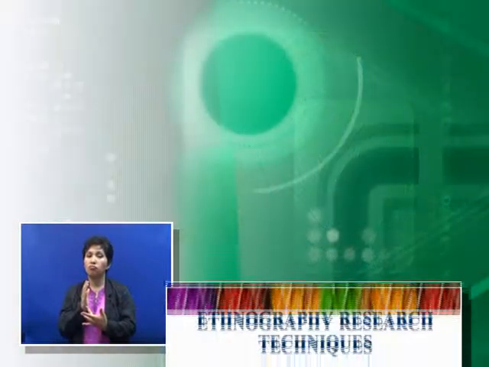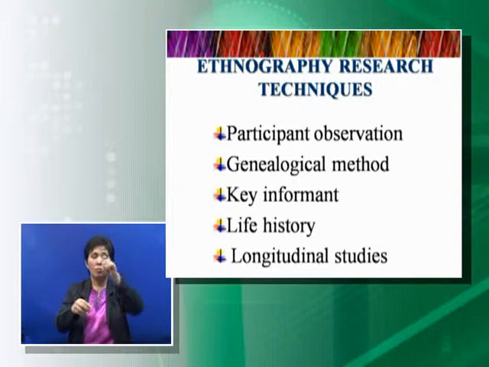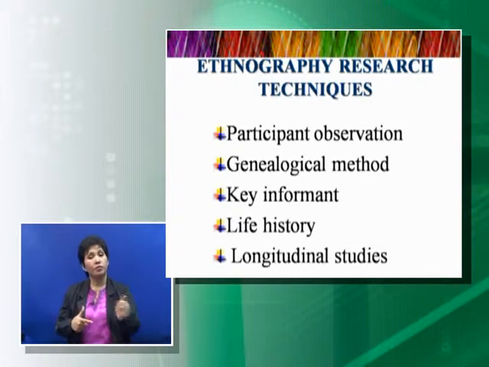There are various techniques to conduct ethnographic research. The first one is participant observation, and then the genealogical method. The third one is key informant. And then sometimes it is based on life history, and it also requires longitudinal studies.